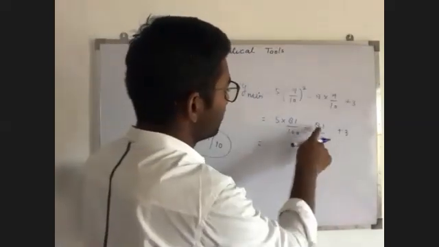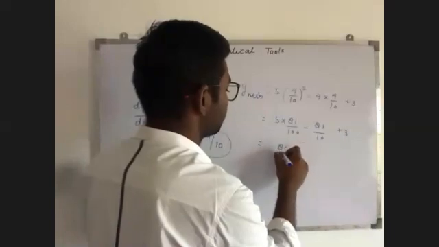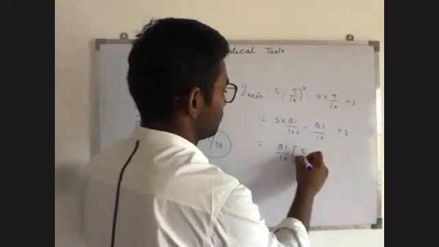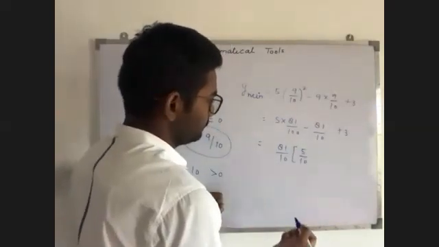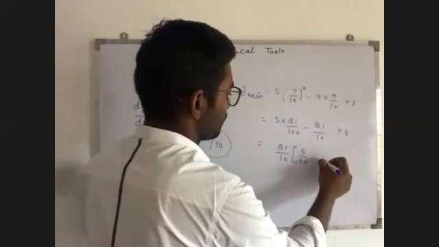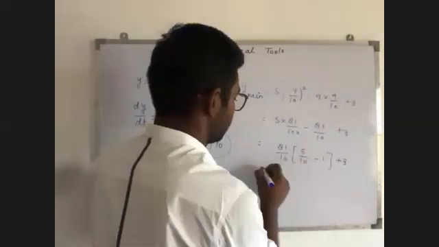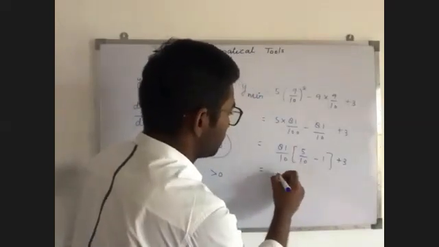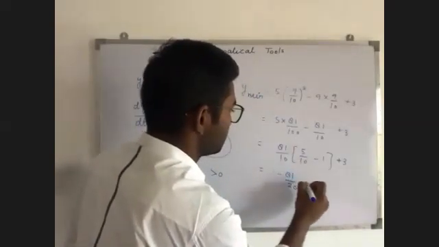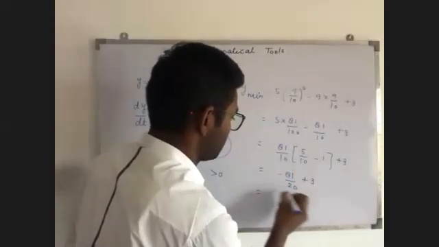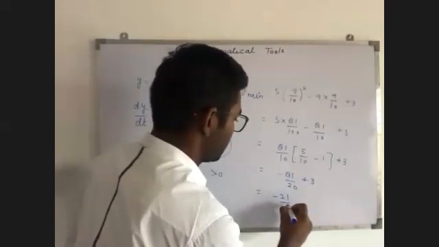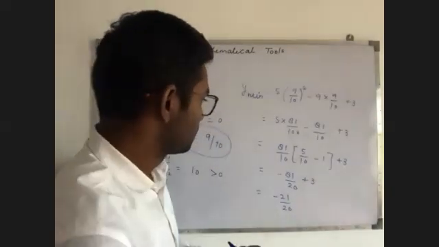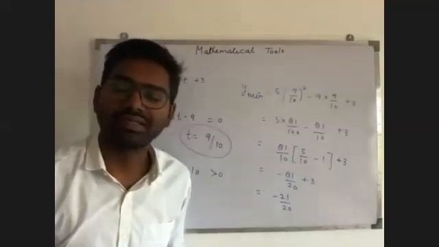So what I'm going to do, 81 by 10 if I take common, from here I will get 5 by 10 minus 1, plus 3. So this is going to be minus 1 by 2, so minus 81 by 20 plus 3. This is minus 21 by 20. Is it right? This is the answer, minus 21 by 20.